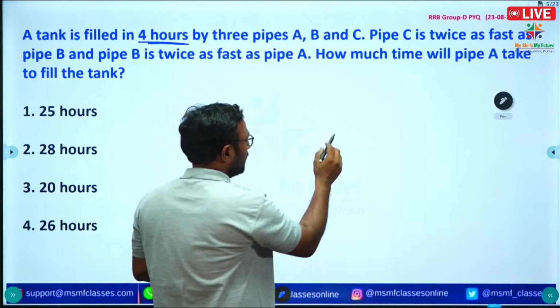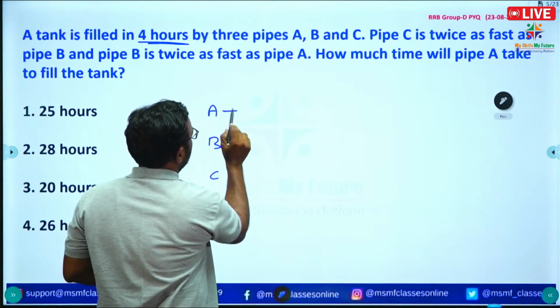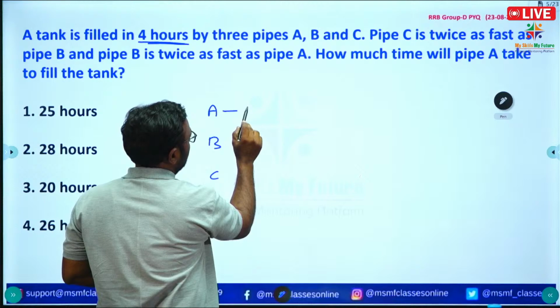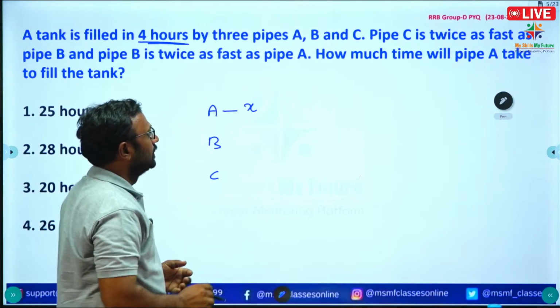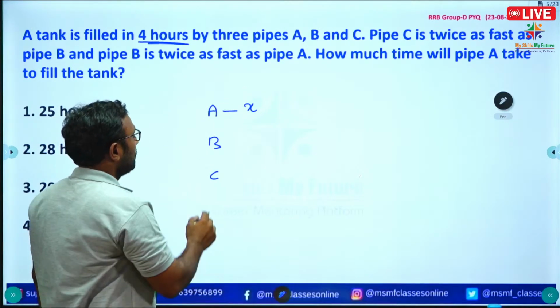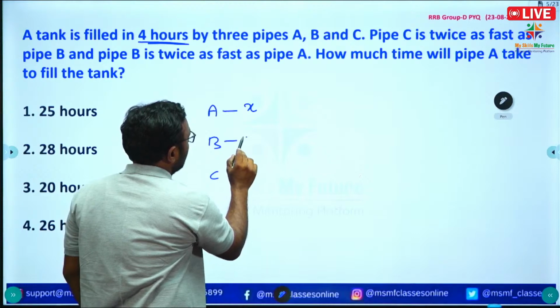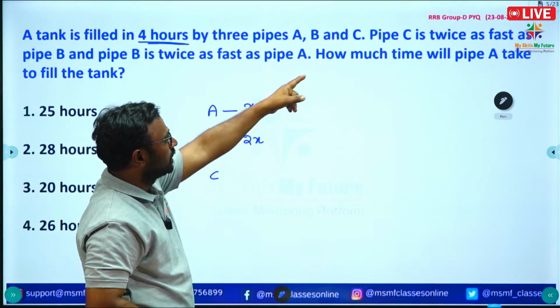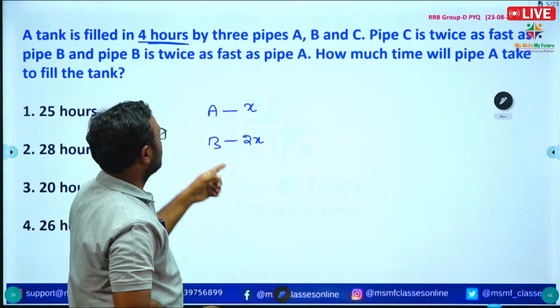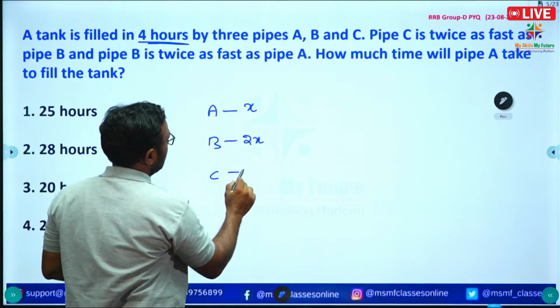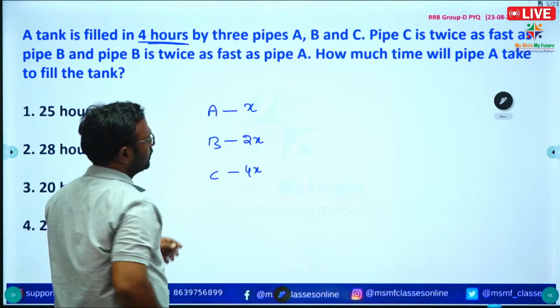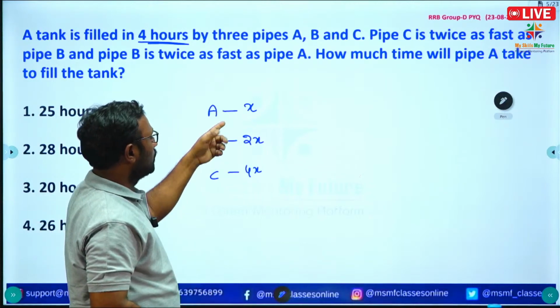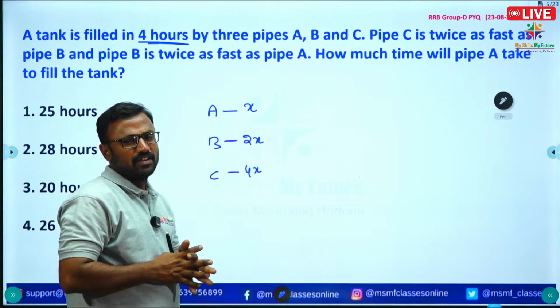So, let us take pipe A as x. Then according to the question, pipe B is twice, so we can take it as 2x. According to the question, pipe C is twice as fast as pipe B. So this is the given information, and we can convert it into time and work.